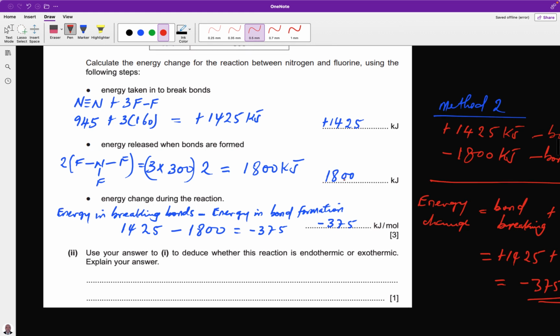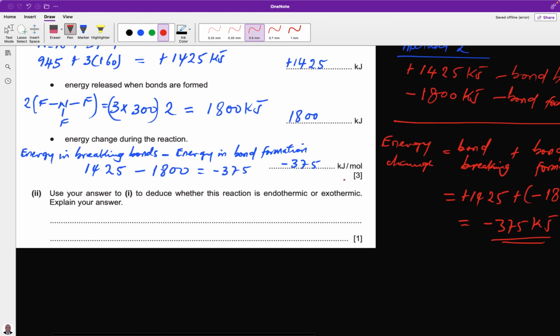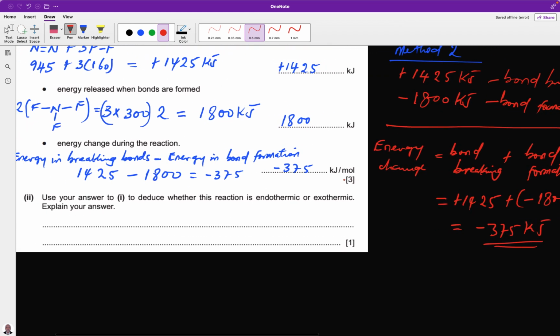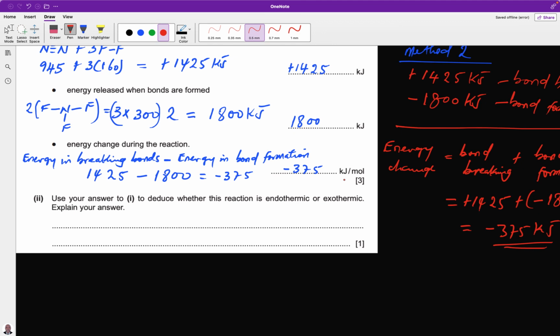So now, our question now is 2. Use your answer to 1 to deduce whether the reaction is endothermic or exothermic. You have observed it.